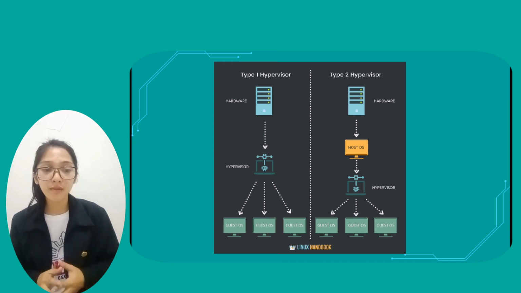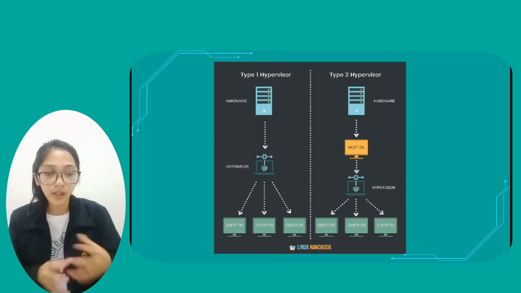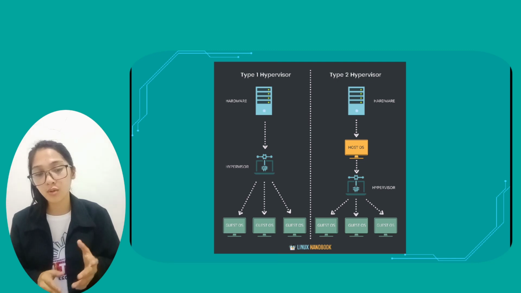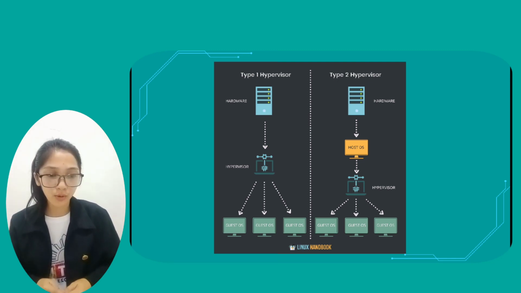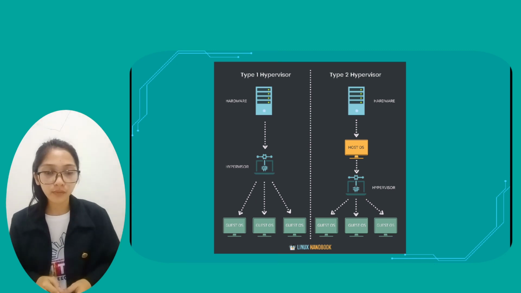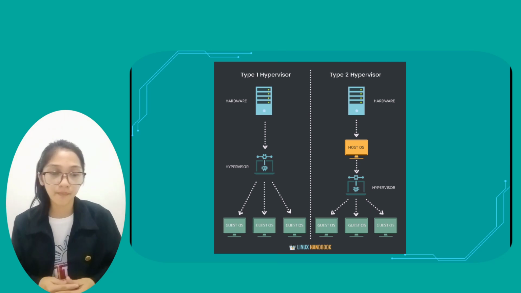While in the type 2 hypervisor, there is a host operating system which is not directly connected to the applications. It goes through a process to reach the applications, so the guest operating system.